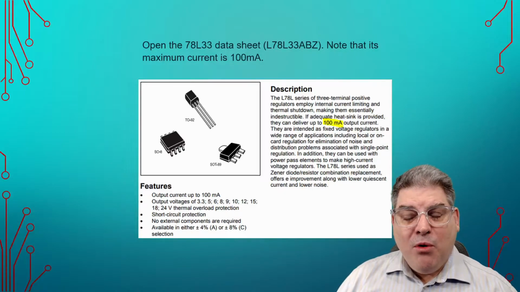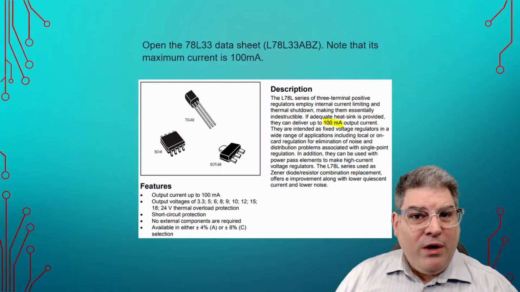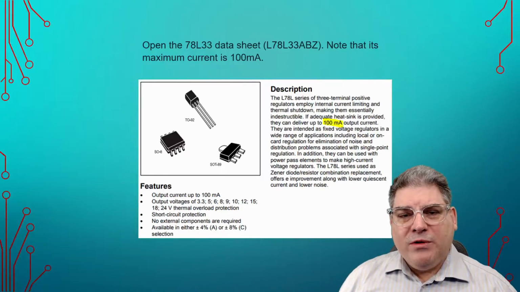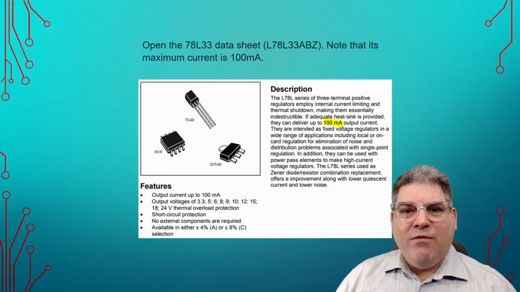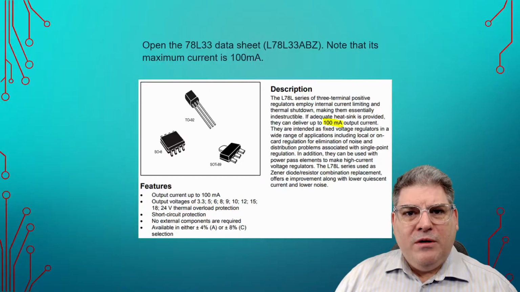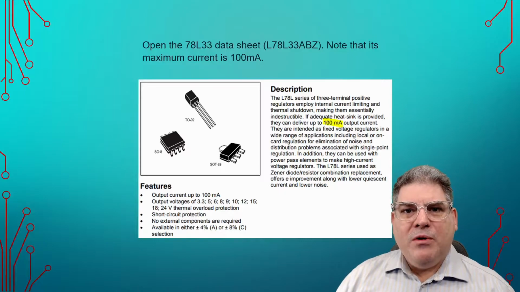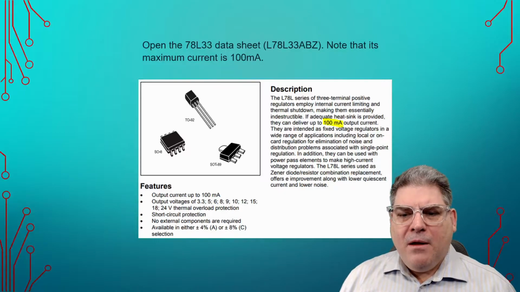But if I was inputting 25 volts, let's argue, and I wanted 5 volts out, now I have a 20 volt drop. And if that is 10 milliamps, you're into what is that? 200 milliwatts. So you now have a fair amount of power that you need to be able to dissipate. All right.